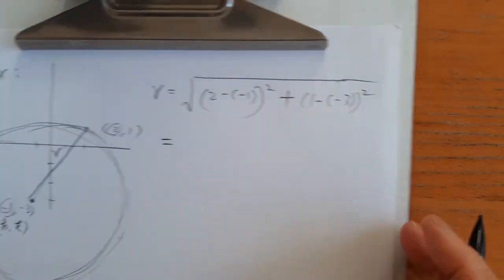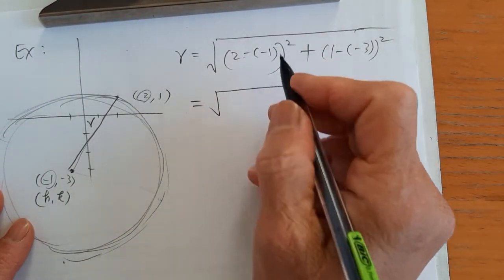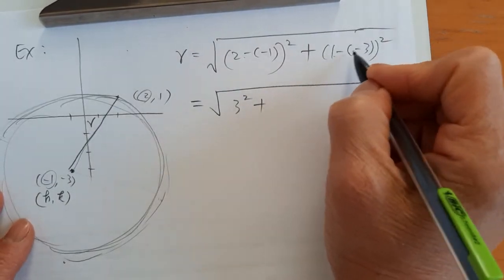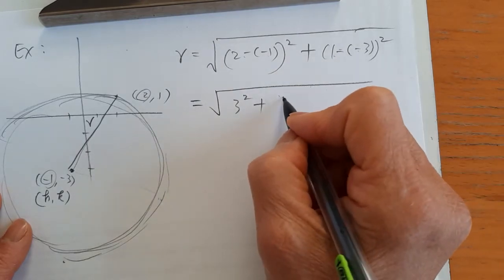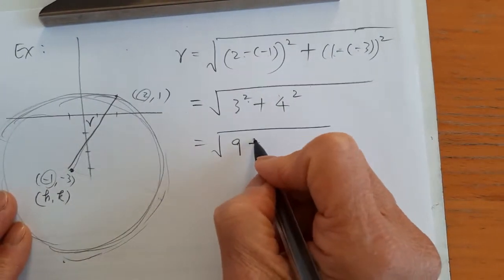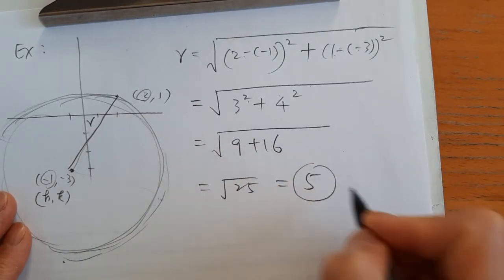So that equals the square root of 3 squared plus 4 squared, since 2 plus 1 is 3 and 1 minus -3, which is 1 plus 3, is 4. 3 squared is 9, 4 squared is 16, so that's the square root of 25. Taking the square root, it's 5.